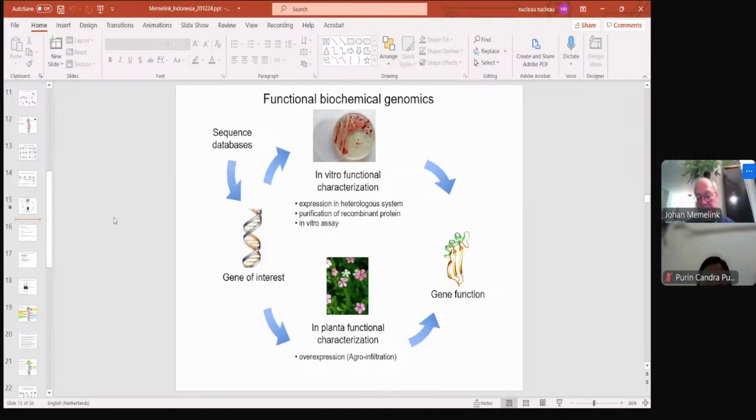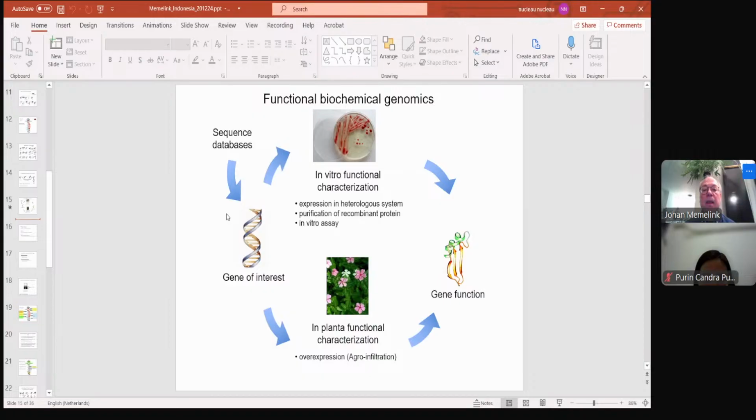Okay, so once we had figured out how many possible enzymes we were missing and what type of enzymes they were, we have looked in sequence databases for enzymes that belong to the classes that we have determined.